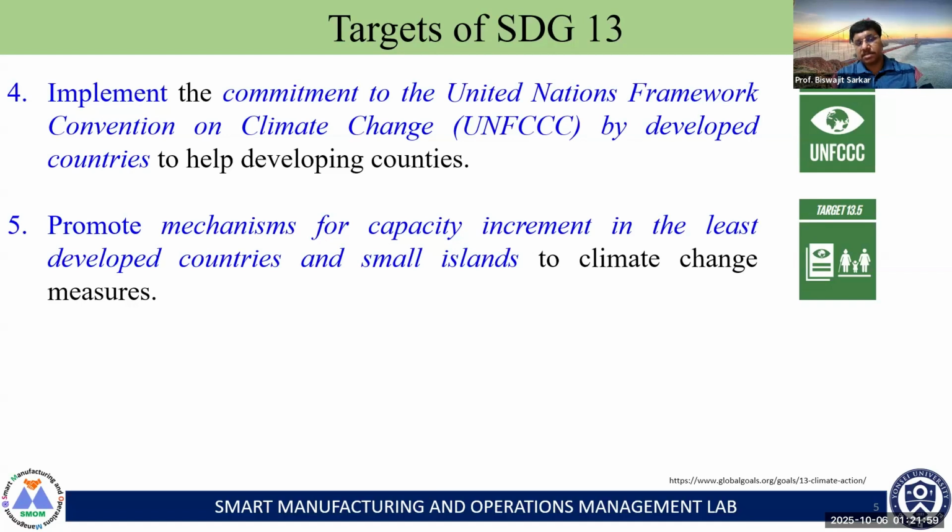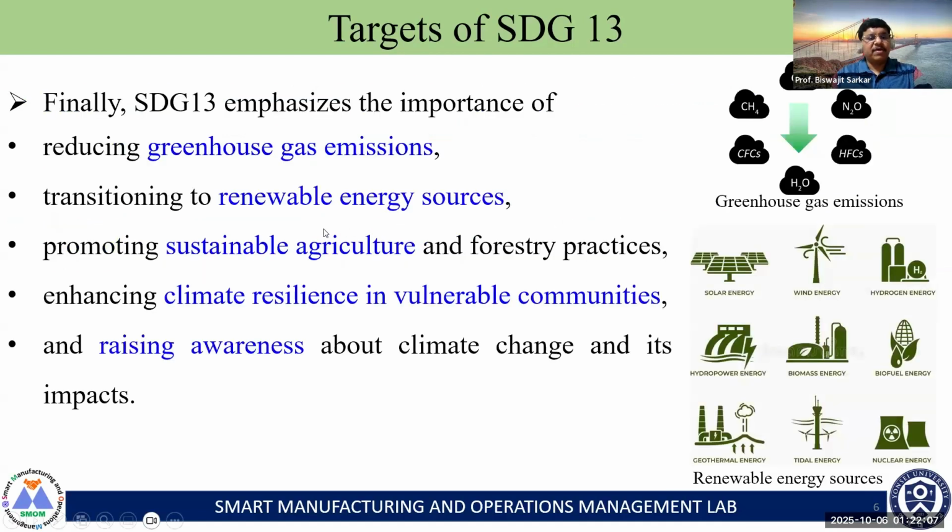It has to be solved to save the environment such that global warming can be controlled. Finally, if you go for the more specifically the explanation, then finally SDG 13 emphasizes the importance of number one, reducing greenhouse gas emissions.